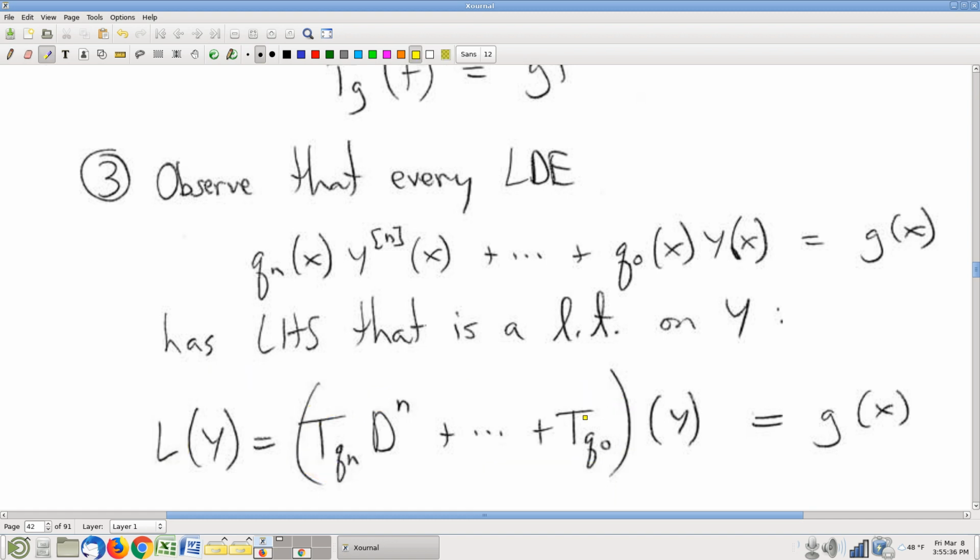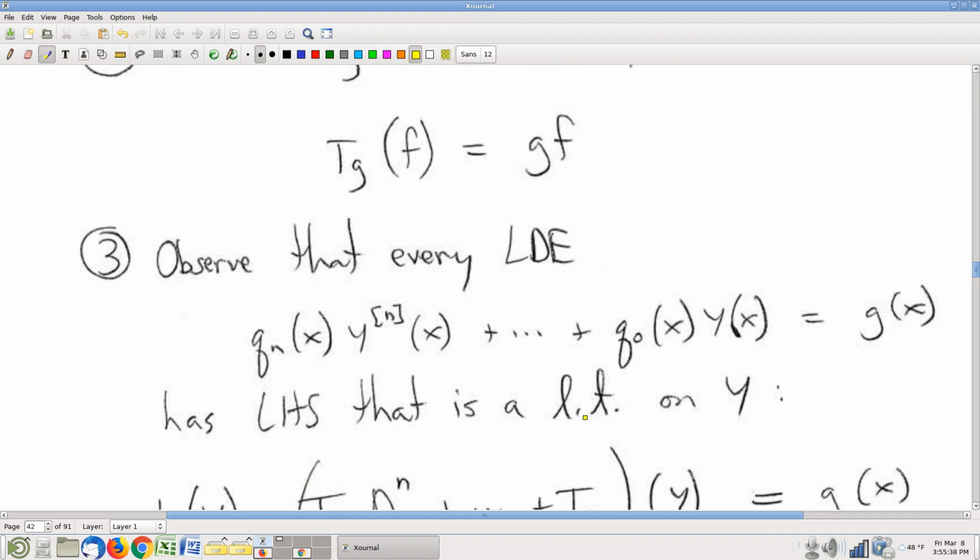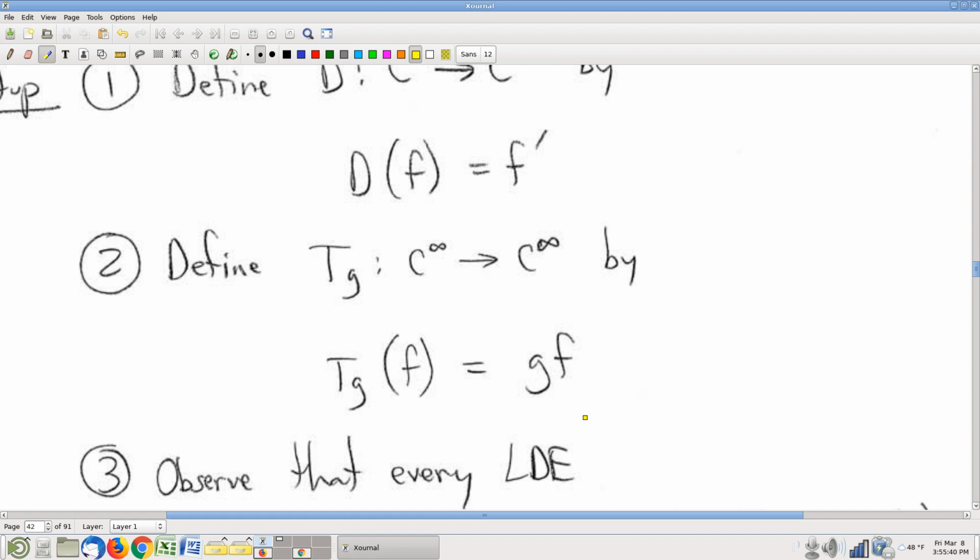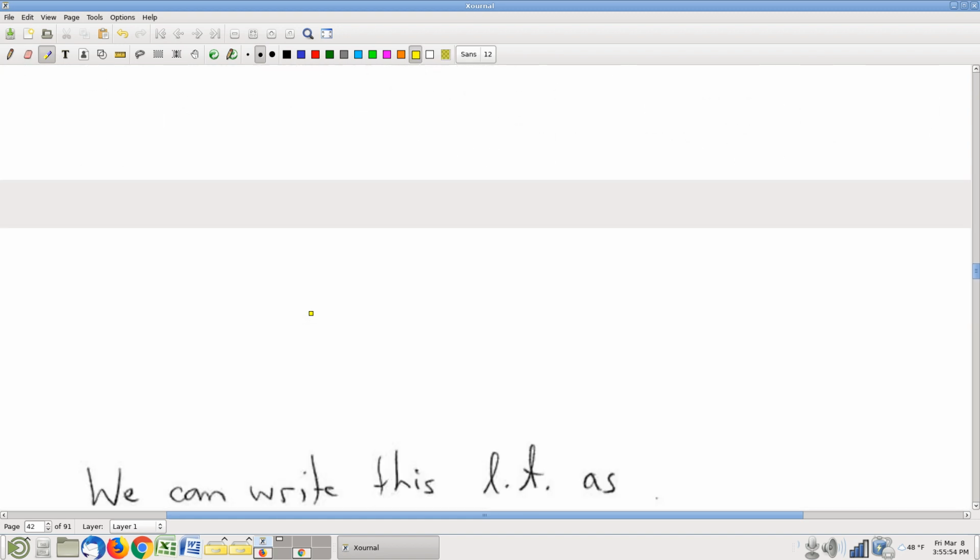Okay, now I'm going to make a notational observation. Going back up to here, I wanted to define this linear transformation. I wanted to emphasize that this is a linear transformation, so I gave it a name, a label. But now I want to point out that there's a much simpler notation that you can use to represent the same thing.